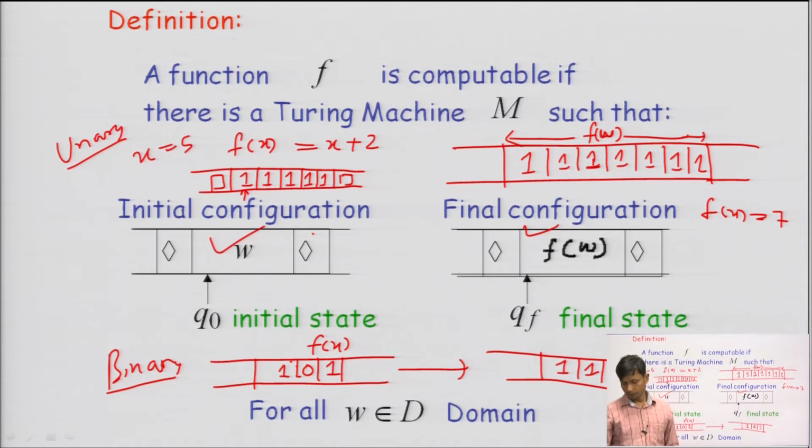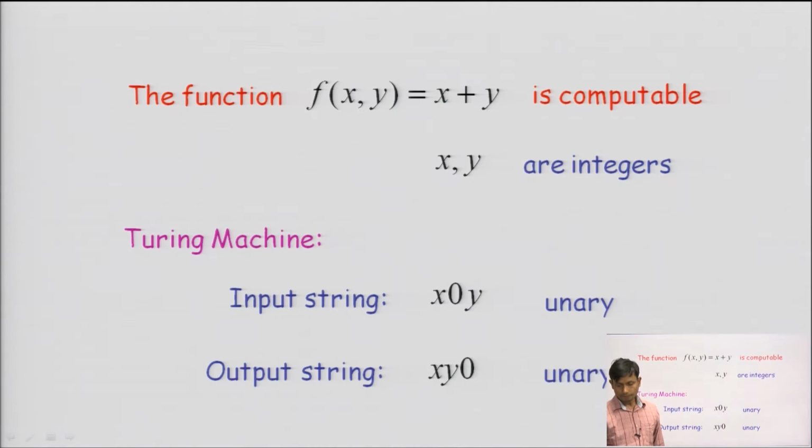Now we will go to one example: f(x) equal to x plus y. This is the addition of two numbers, and x, y are integers. What is the Turing machine? The input string is unary: x 0 y. The 0 is just a separator between x and y.